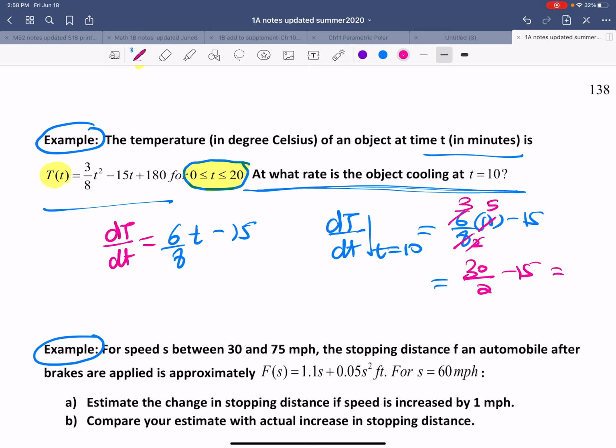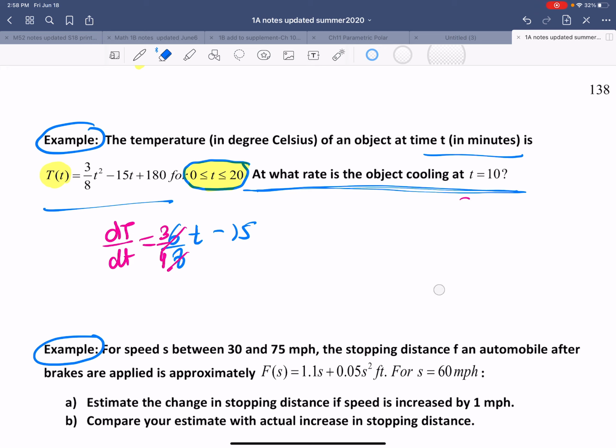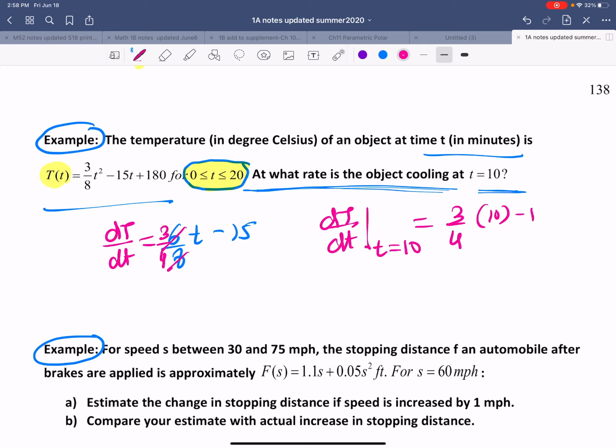Oh, I see. This is 2 times 3 is 6, 6 over 8, and 6 over 8 is 3/4. So that is 3/4 t. Let's take another look. dT/dt at t equal to 10 would be 3/4 times 10 minus 15.